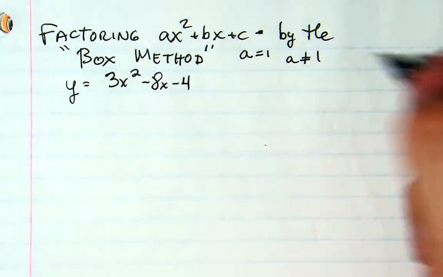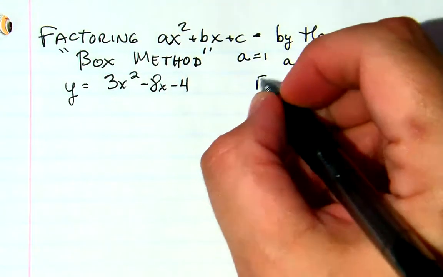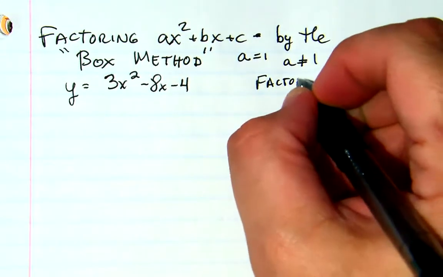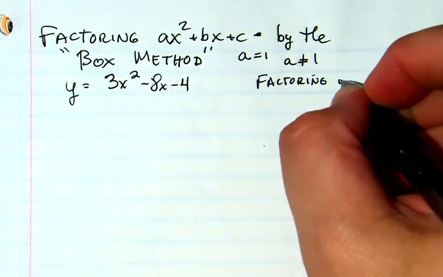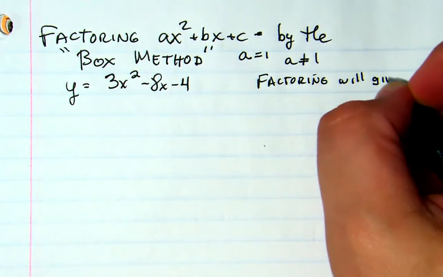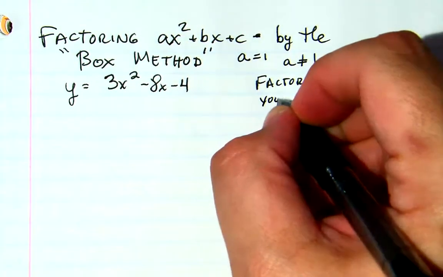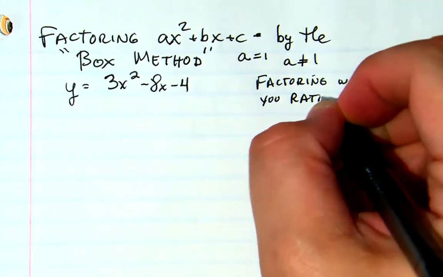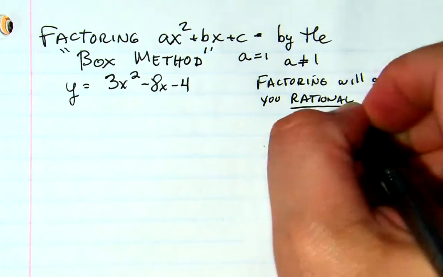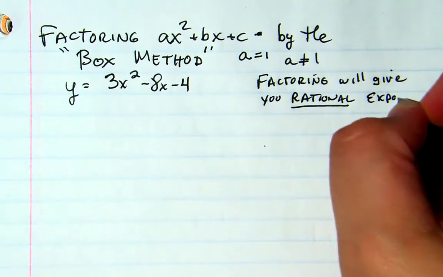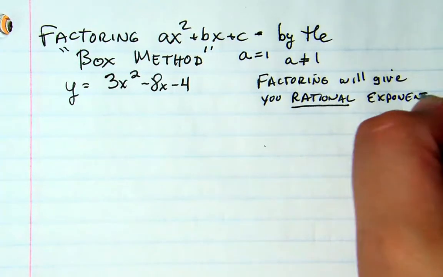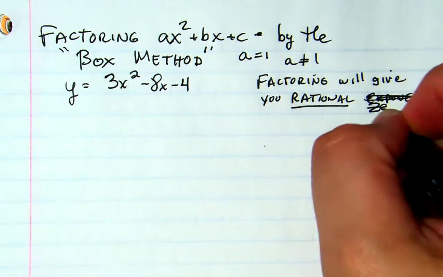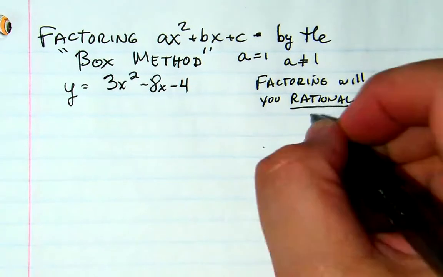One key thing to remember, though, is that factoring will give you rational zeros only.